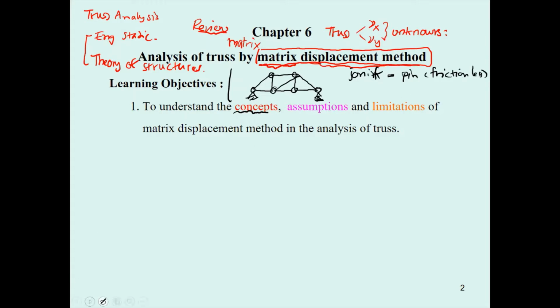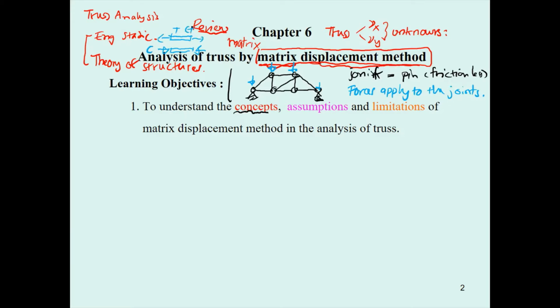And then the truss is subjected to forces applied at the joint. So under this assumption, in engineering statics, we have the member of the truss to be a two-force member, maybe subjected to tension, or maybe subjected to compression.